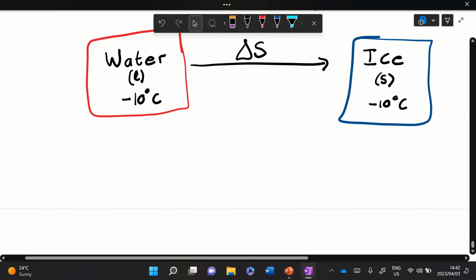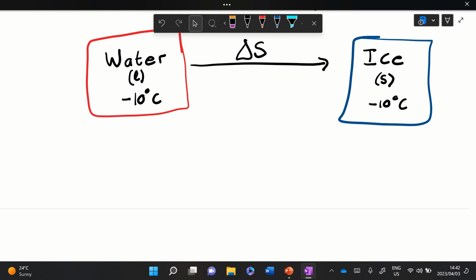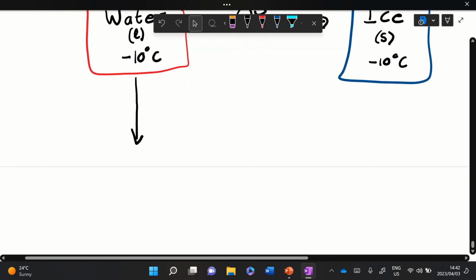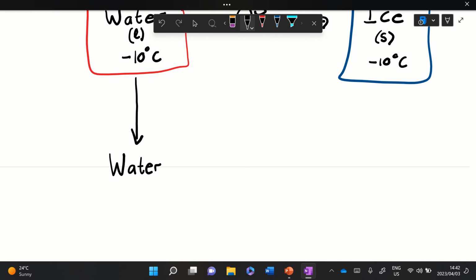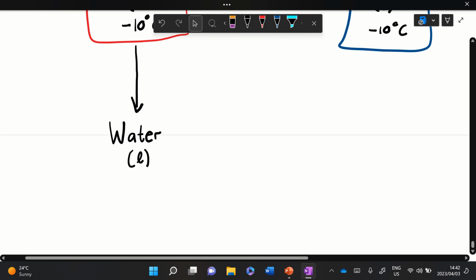We can actually calculate it with intermediate steps in between. In a theoretical sense, that's not really what's happening, but we can first heat this water to liquid water at 0 degrees Celsius, right? So in other words, no phase change, 0 degrees Celsius.